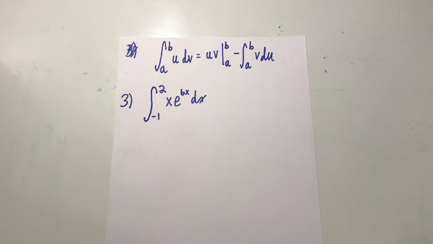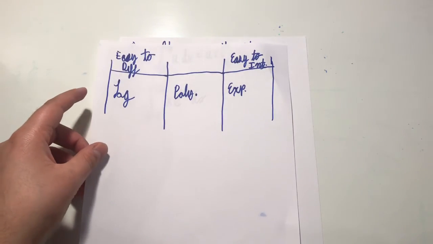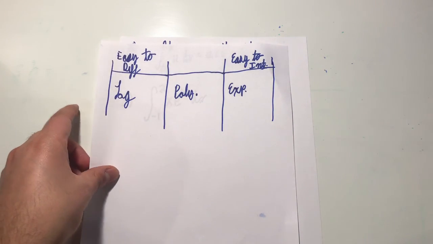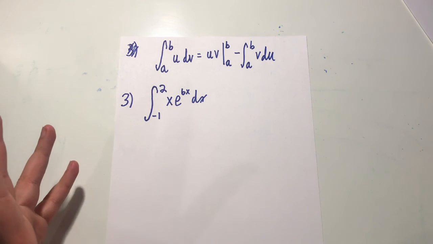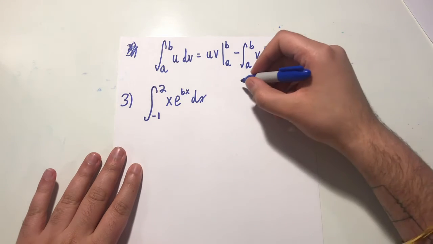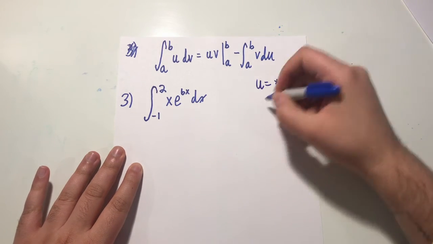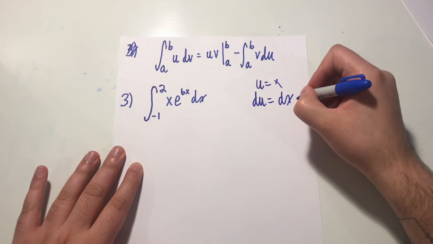Now, if we remember from before how to determine what u would be and what dv would be, exponentials are easy to integrate. So our e to the 6x should clearly be our dv, making our x our u term. So off to the side, I'll just write, okay, u is equal to x, making du equal to dx.